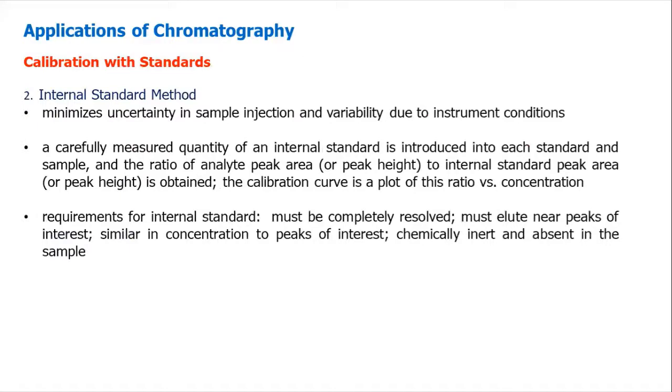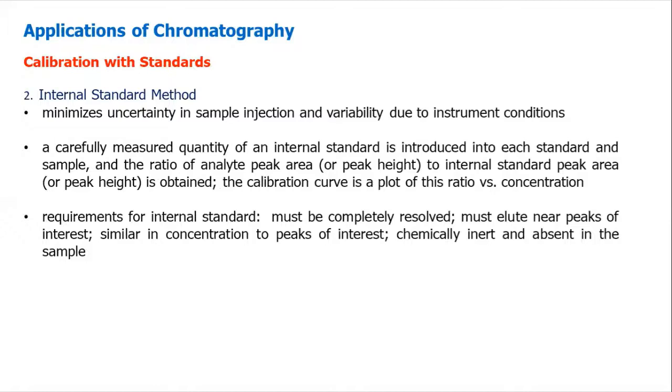For internal standard method, it minimizes uncertainty in sample injection and variability due to instrument conditions. A carefully measured quantity of an internal standard is introduced into each standard and sample, and the ratio of the analyte peak area or peak height to internal standard peak area or peak height is obtained.